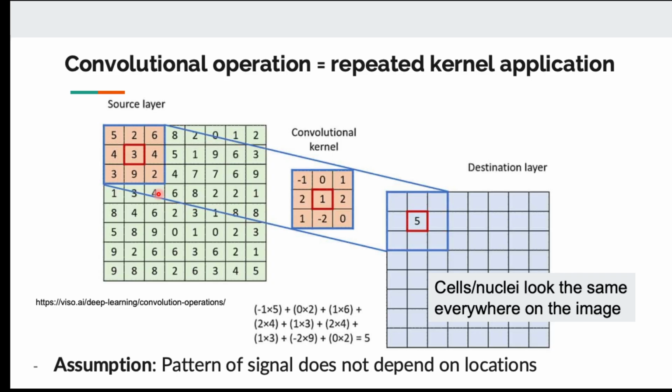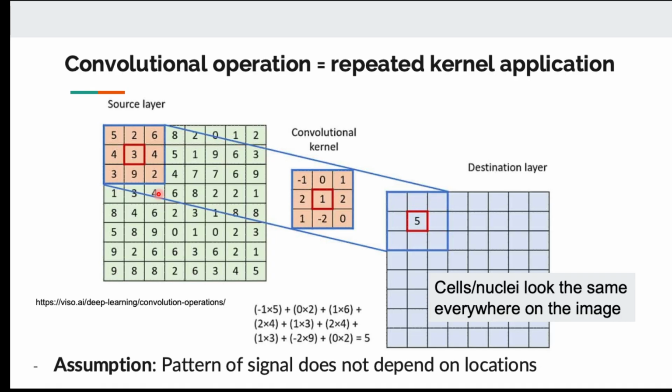It should still be classified as a cell. So this operation is useful for images because it doesn't care where the object is, and if it is anywhere in the image, it's going to be detected with the same techniques. So that's a good point. It has this assumption that works well with images.